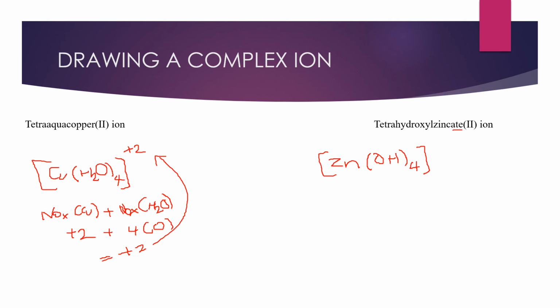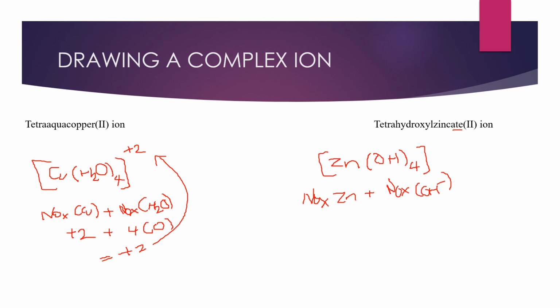So the oxidation state of zinc, we just work that one out. Oxidation number of zinc plus oxidation number of the ligand, which is OH minus, will give you the overall oxidation state.